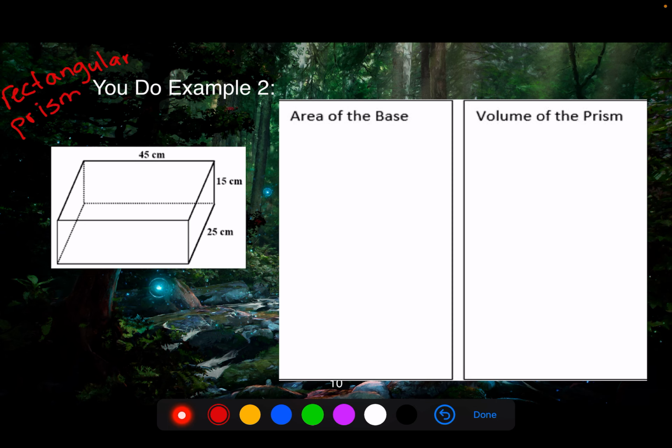Okay. So you're going to take it and shade your base.